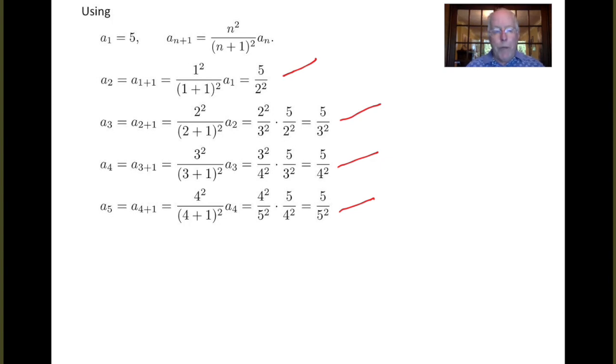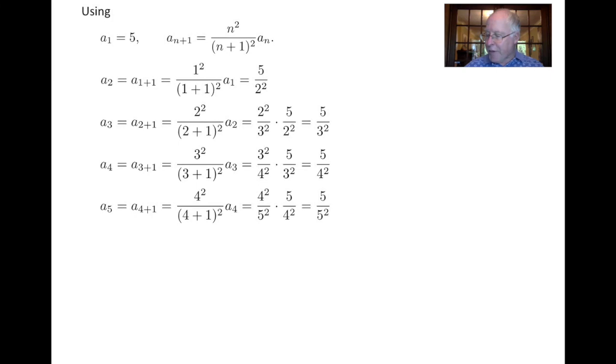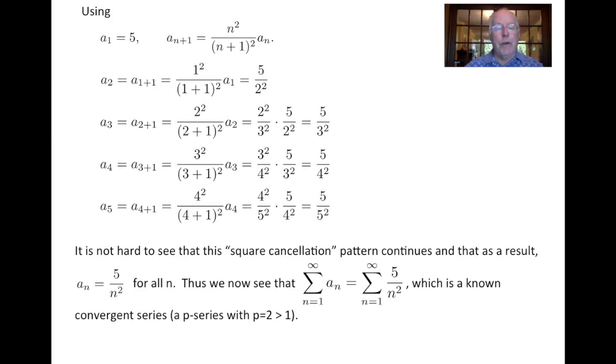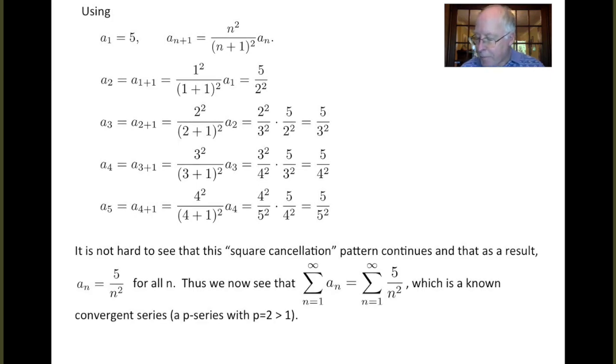And so with this information, it's pretty easy to guess what's going to be happening here with this idea about these various square terms canceling each time we do these recursions. It looks like a pretty good guess is that a sub n is 5 over n squared.